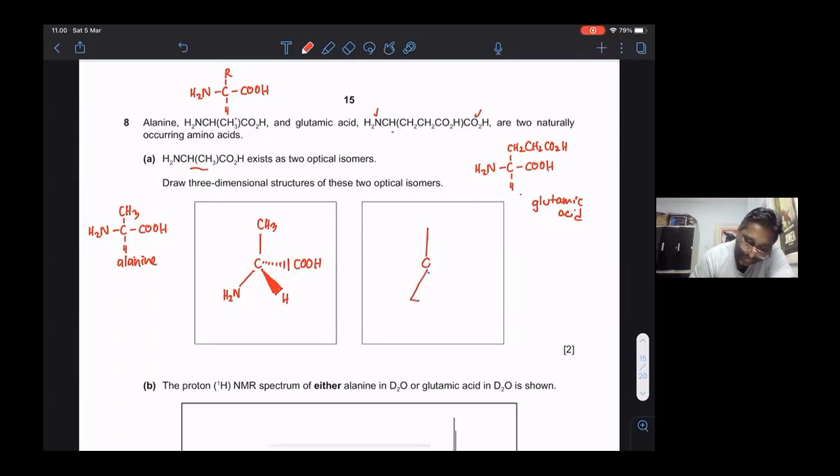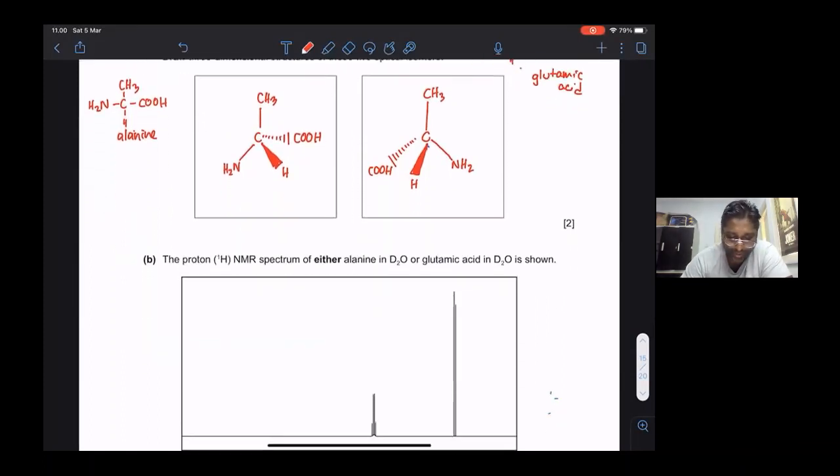So you can just copy the same mirror image. So this one is going to be like this. If you want, put like this. So this is going to be COOH. This is going to be hydrogen. This is NH2. This is going to be CH3. So this is going to give you the optical isomerism.